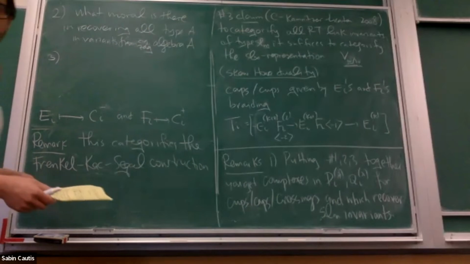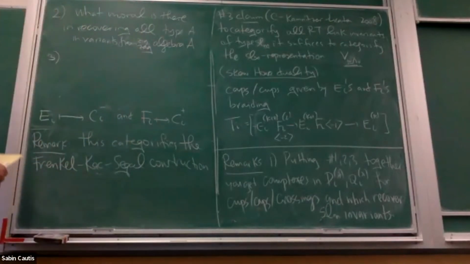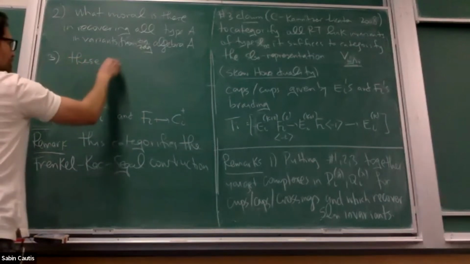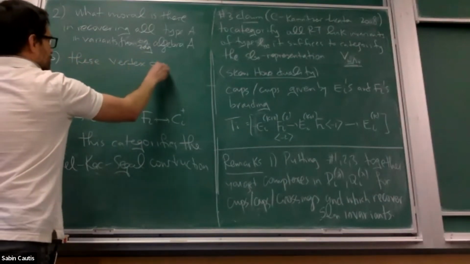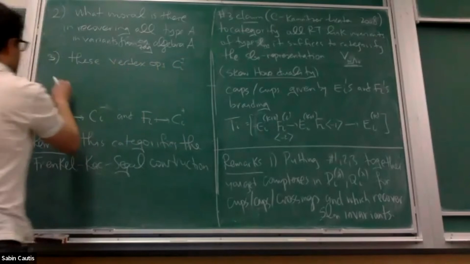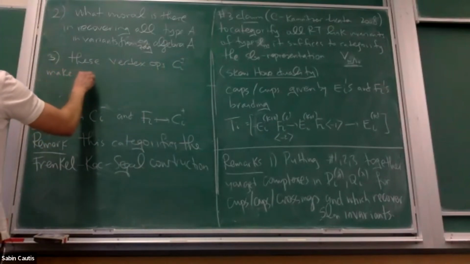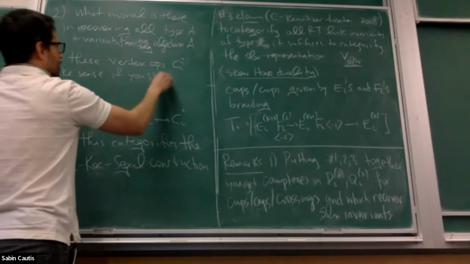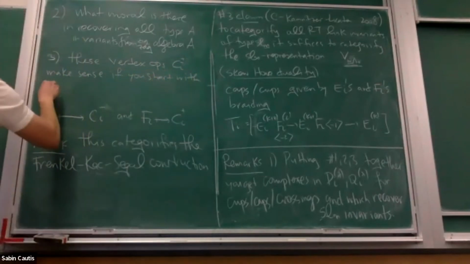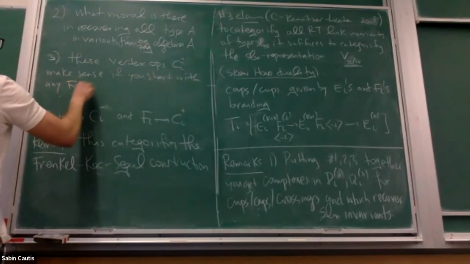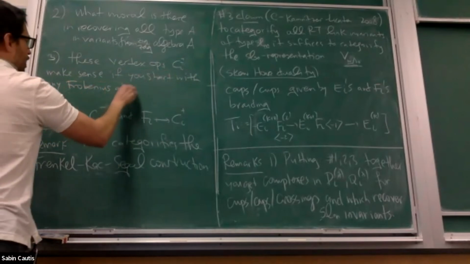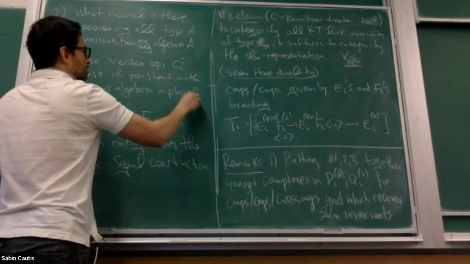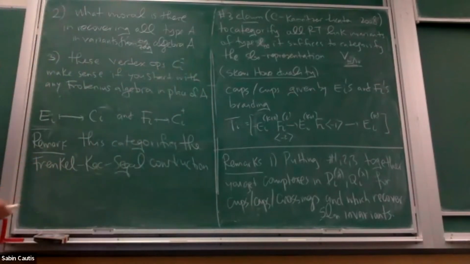Another strange fact is that these operators, which I mentioned earlier, which I would call vertex operators, Ci plus and minus, make sense very generally if you start with any, in fact, homogeneous algebra in place of A. One of the things that's special about A is that it's a Frobenius algebra.